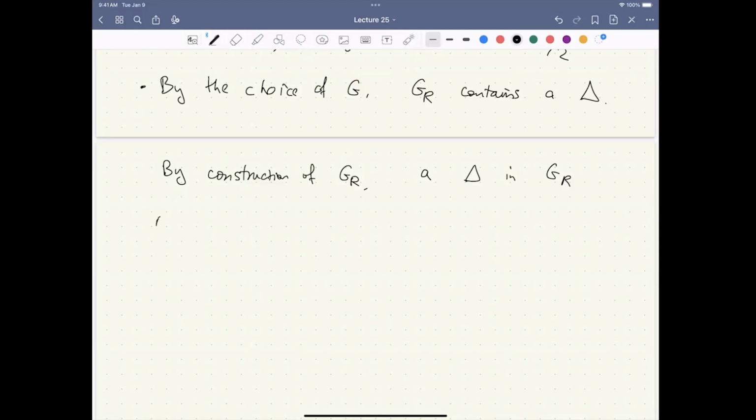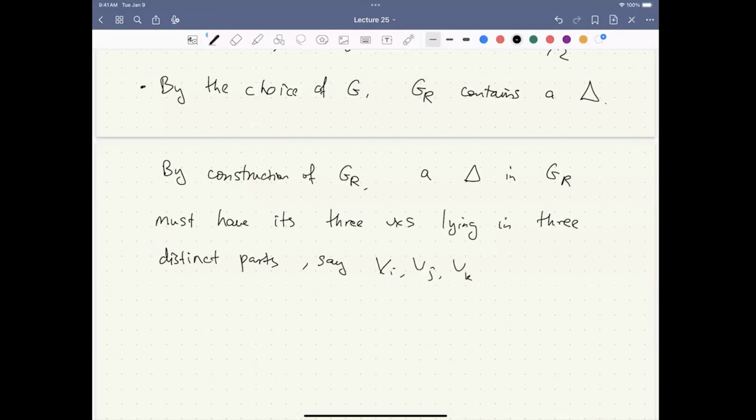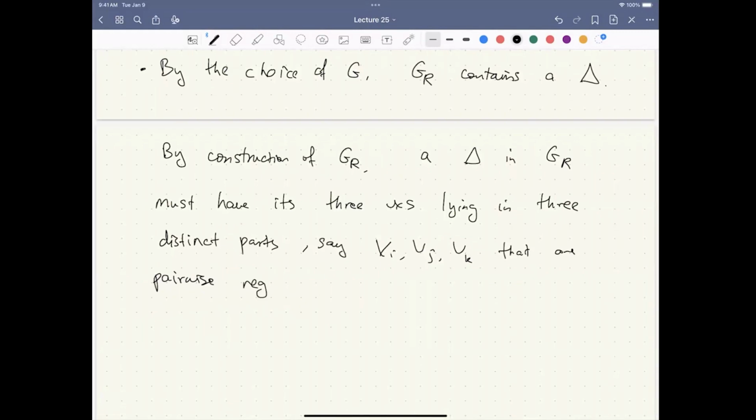A triangle in GR must have its 3 vertices lying in 3 distinct parts or clusters, say Vi, Vj, Vk, that are pairwise regular and C over 4 dense.